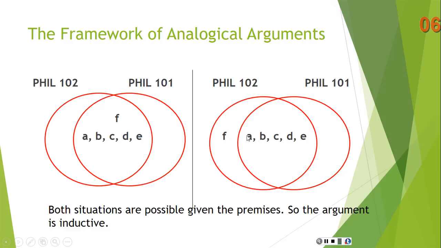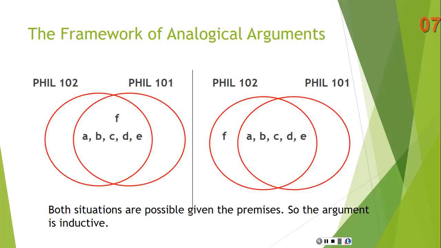But on this side, this is also possible. Even if A, B, C, D, and E are in common, maybe Phil 102 is the only class of the two that is difficult. So just because two things have a bunch of similarities, it doesn't mean that they're going to have some other similarity, right? So it's inductive. Now, some analogical arguments can be strong, while others can be weak, right?